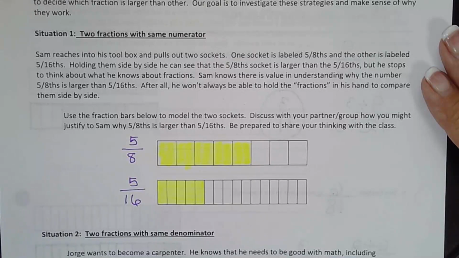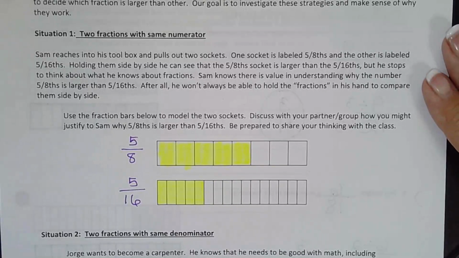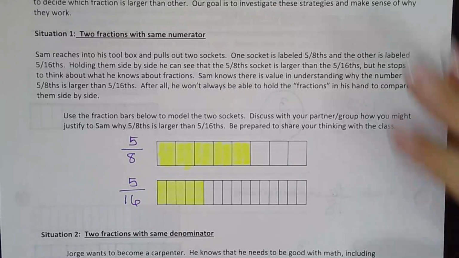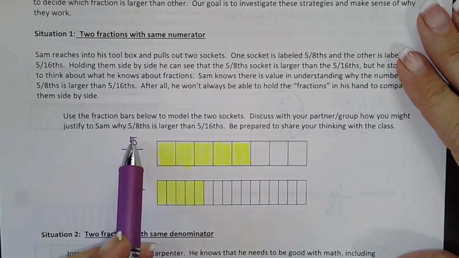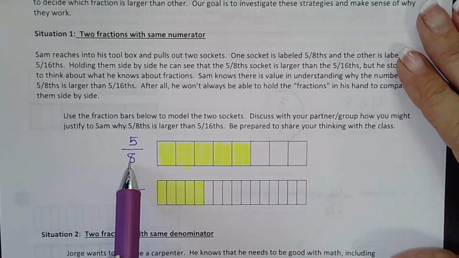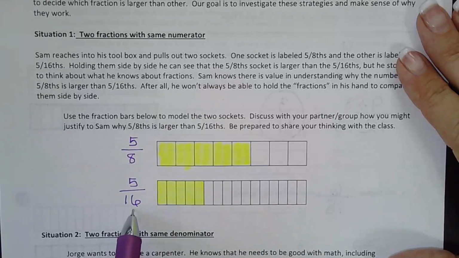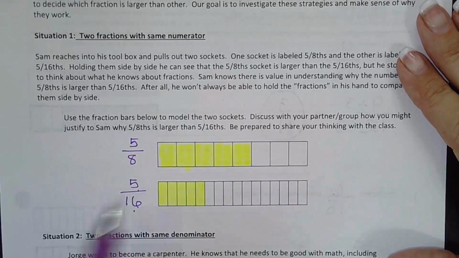Which one are you going to get more pizza from? 5 out of 8. Or you can think of it like this. Which number's closer to 1? 4/8 is a half. This is over a half. 8/16 is a half. This is under a half.